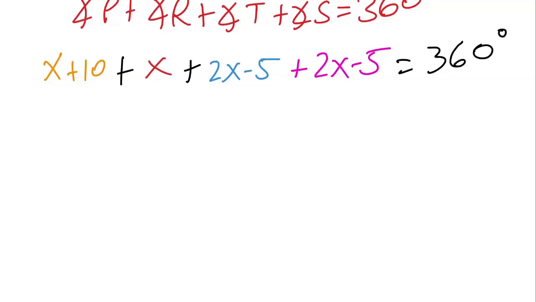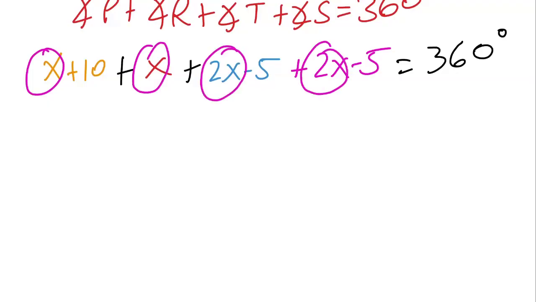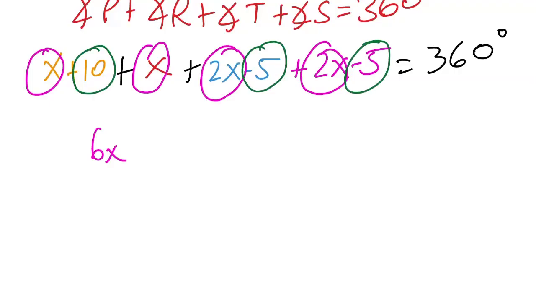Okay, we have to combine like terms. So in this case, we are going to combine x, x, 2x, and 2x. What do we get when we combine x, x, 2x, and 2x? Very good, 6x. What do we get when we combine 10, -5, and -5? 0. Very good.